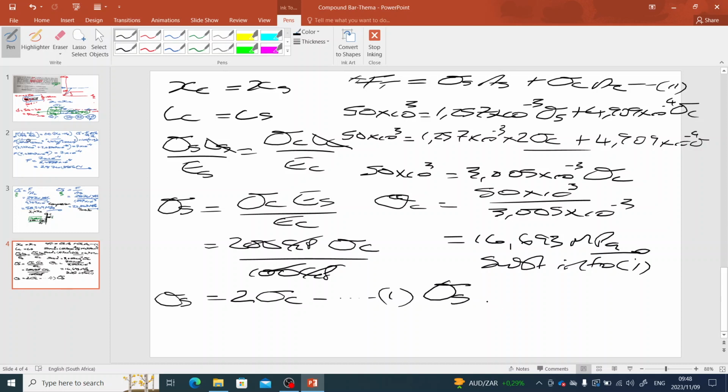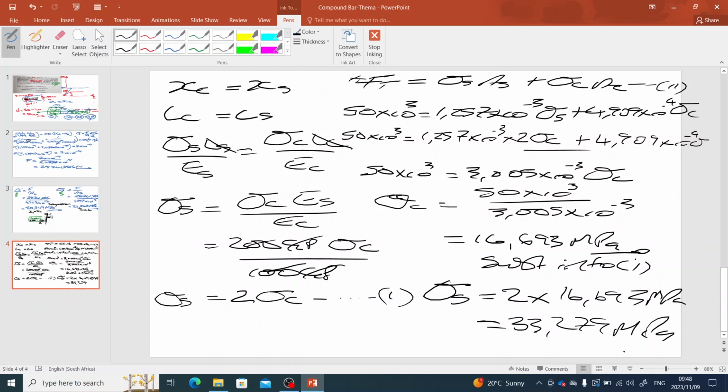First equation: stress steel equals 2 times stress copper, which is 16,693 megapascal. Then my answer here would be 33,279 megapascal.